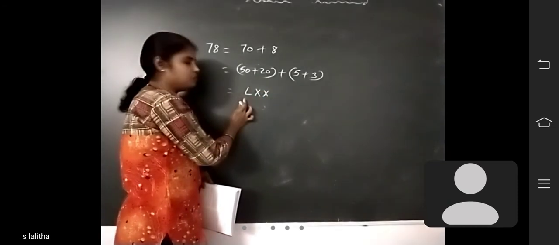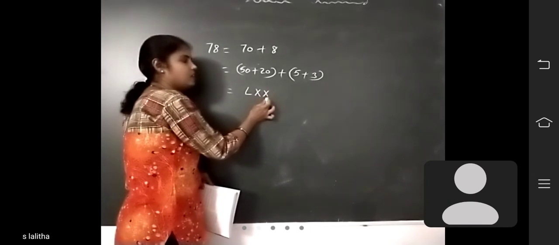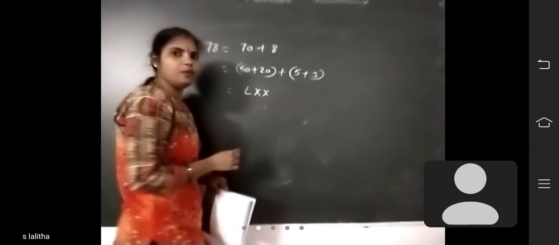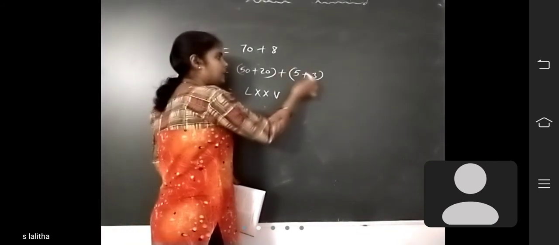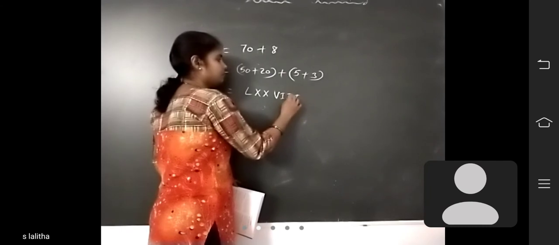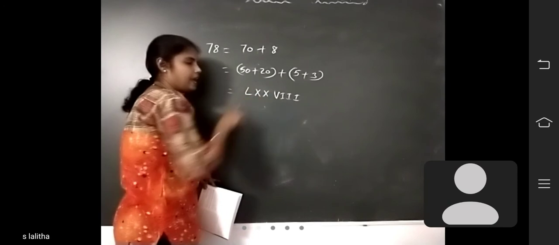L means 50, 2X means 20. That means 50 plus 20 is 70, plus 5. 5 means V. 3, you should add 3, 3 I's. So what is this number? 78. Did you understand how to write?